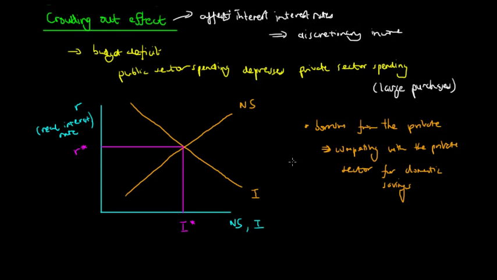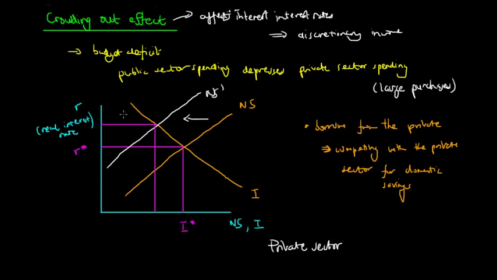So what happens when the government borrows from the private sector? You must note this graph relates to only the private sector. What happens is that the national savings line shifts to the left, so there is less national savings available for borrowing by the private sector. Eventually the financial market will reach a new equilibrium, which we're going to call R1 and I1.